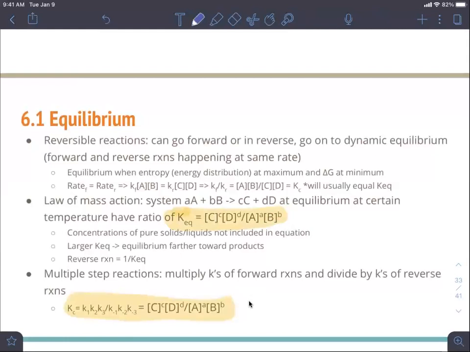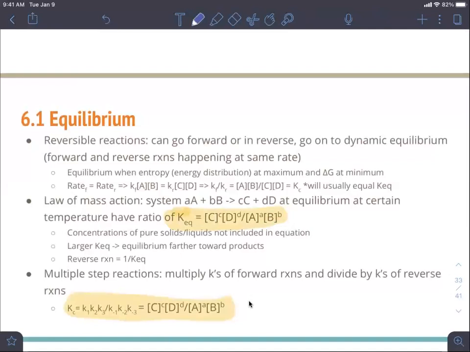A solid is so packed tight that the components of the solid don't really react with each other. So that's why you need either an aqueous or a gaseous phase for the reaction to be at equilibrium. Obviously solids and liquids can be included in the reaction, but they're not included in the equilibrium equation.